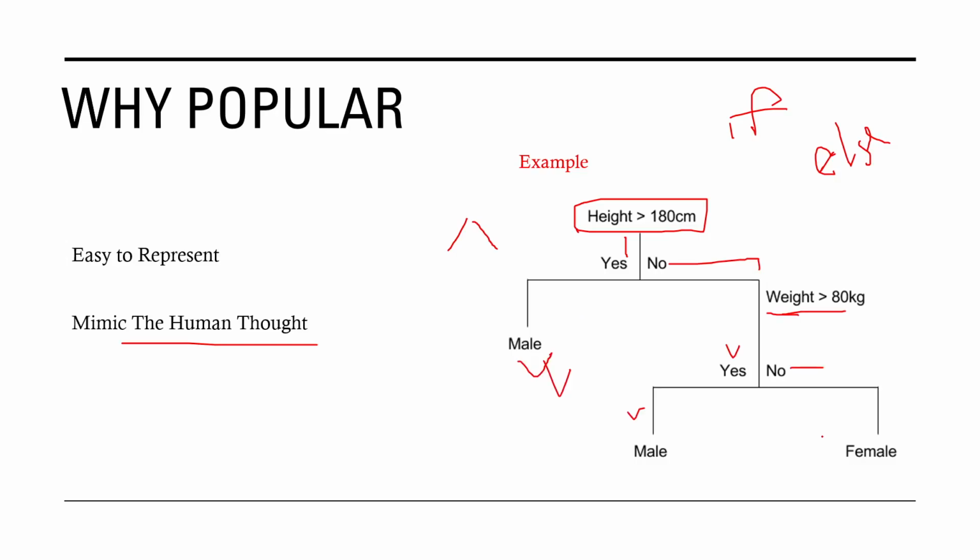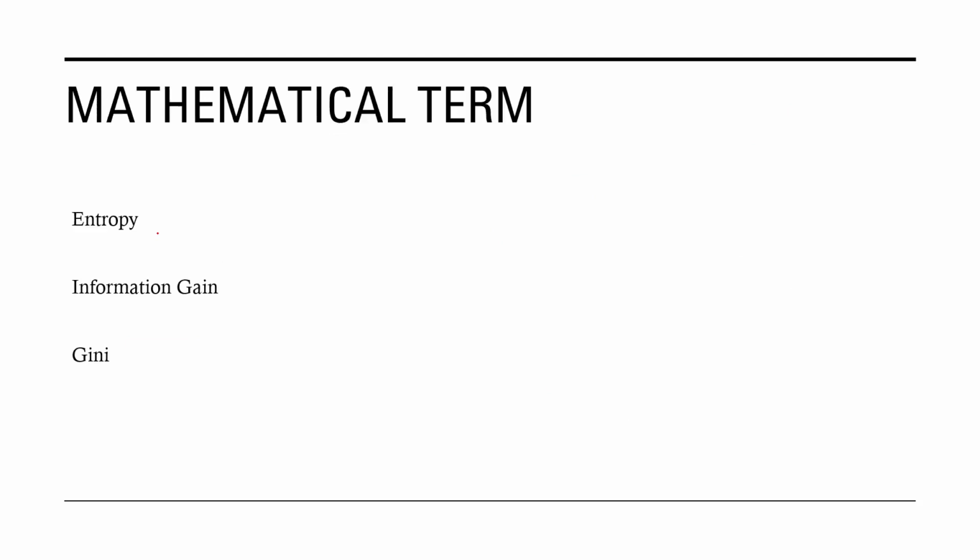So from here we can easily say that the decision tree is based on a number of if-else cases, and we can easily visualize and take decisions from the pictorial view. Every algorithm has math included behind it.